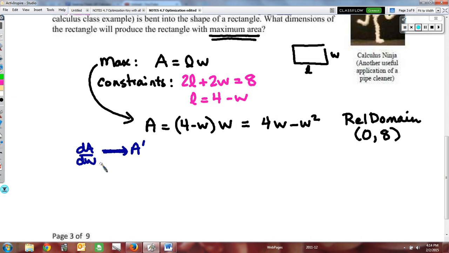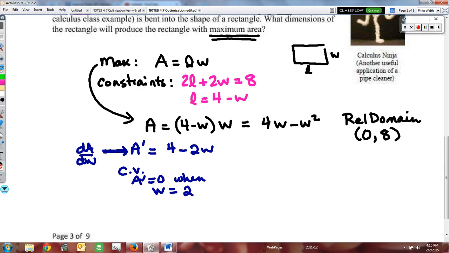We're doing a maximization, minimization problem, an optimization problem. All right, so our derivative is going to be 4 minus 2w. So my critical values, your derivative is equal to 0 when w, if you subtract 4, divide by 2, w equals 2.